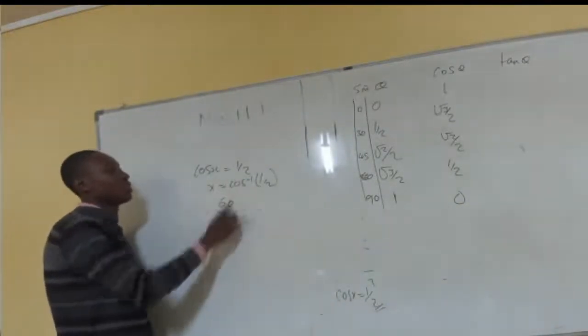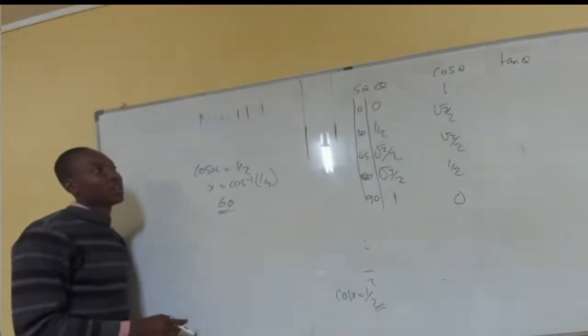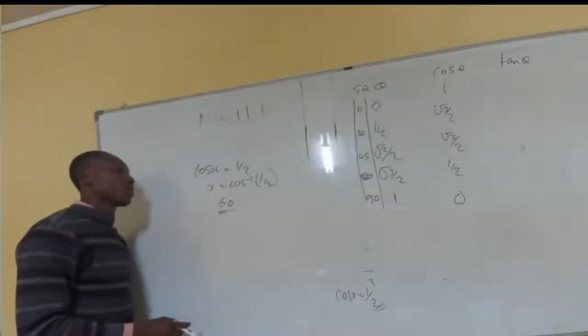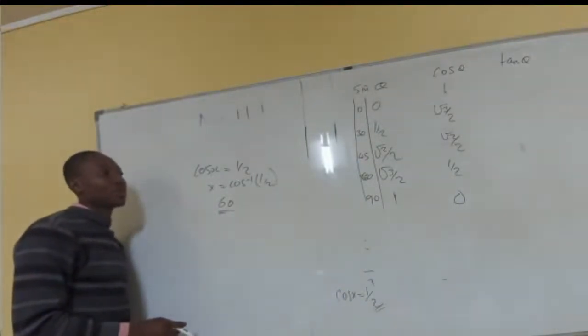Cos is positive in the first quadrant, and cos is also positive in the fourth quadrant.